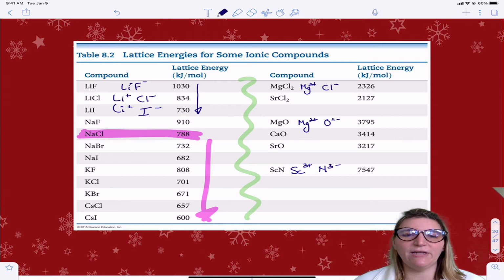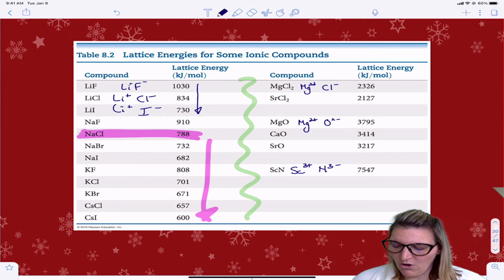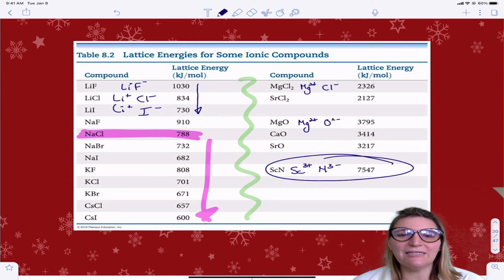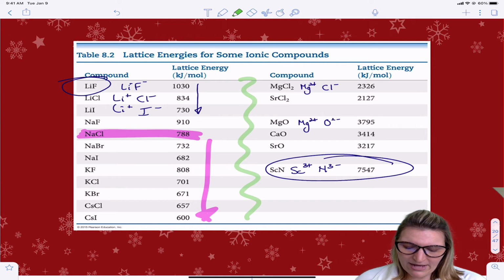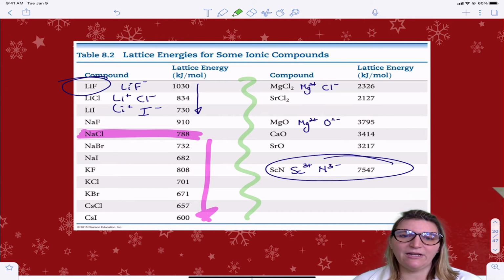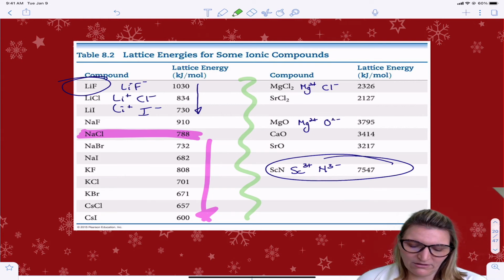If I look at the right-hand side of this table, we can see size of charge makes a big difference. When I have a 3+ and 3- ion, it takes an incredible amount of energy to break that apart, as opposed to just a 1+ and 1- ion. But then, charge does not explain why I see a trend in the +1 and -1 ions, right?